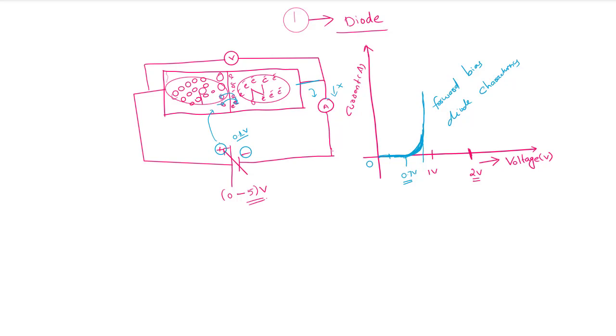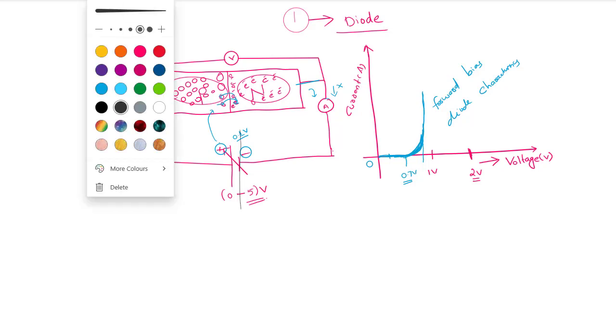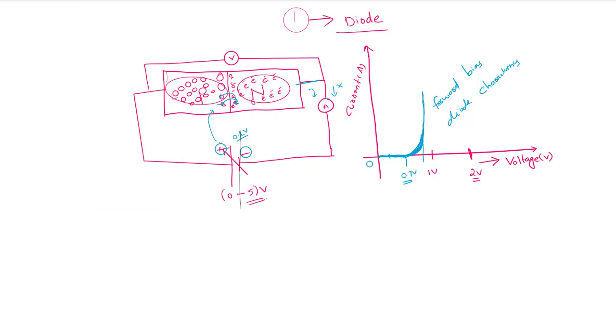Now some people will talk about the reverse bias characteristics. You may think, what will happen if I am giving a positive voltage this side and negative voltage this side? So if this is the positive voltage and this is negative voltage, all these electrons will attract here, all these holes will attract here, so there will be a large gap, but there will still be some electrons and some holes here.